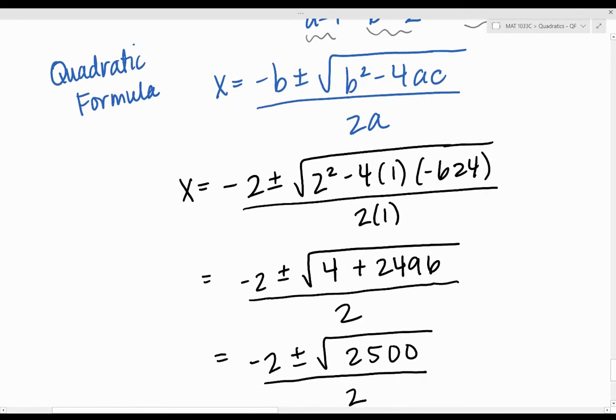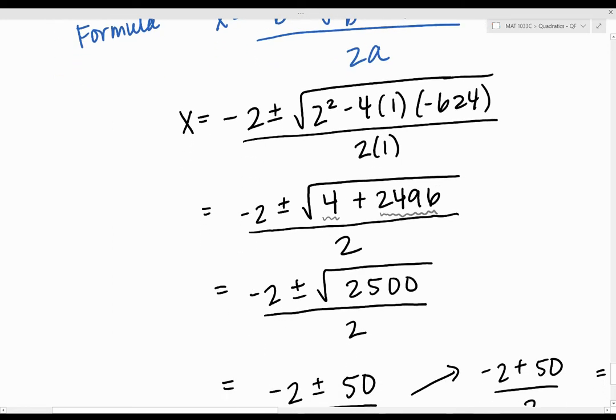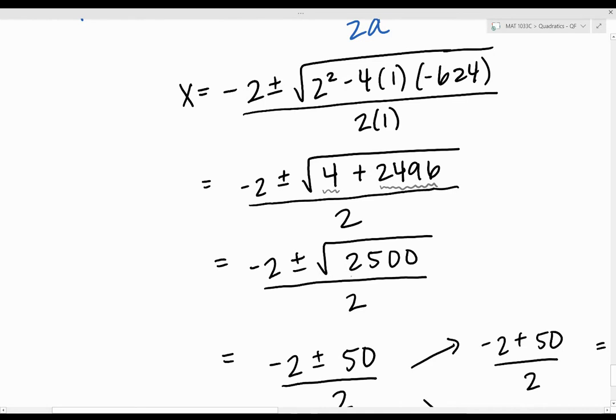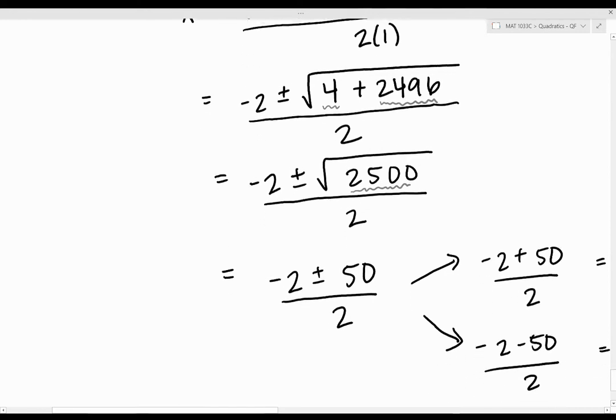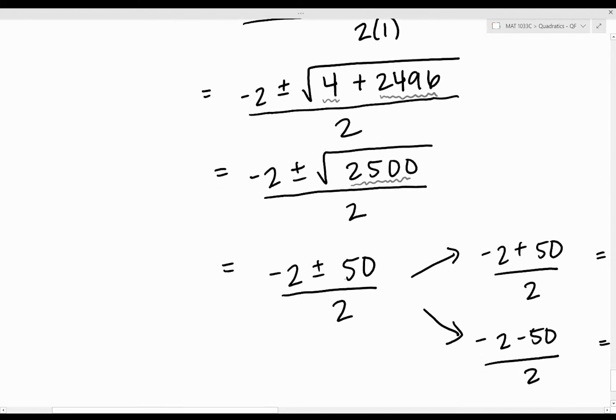And I simplify. So 2 squared is equal to 4. Negative 4 times 1 times negative 624 is 2,496. When I add 4 and 2,496 together, I get 2,500. 2,500 is a perfect square, and the square root of 2,500 is 50.